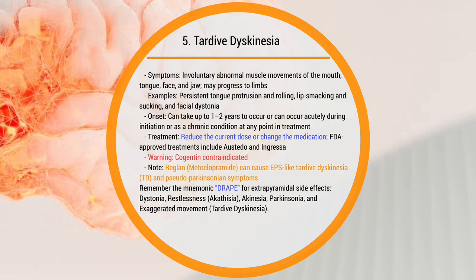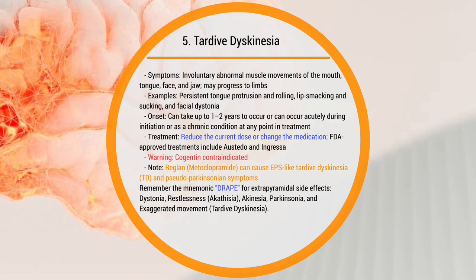Reglan is a drug that's not an antipsychotic, but can very well cause TD, right? It can cause EPS like tardive dyskinesia and pseudo-parkinsonism symptoms. So how can you remember the extrapyramidal side effects?